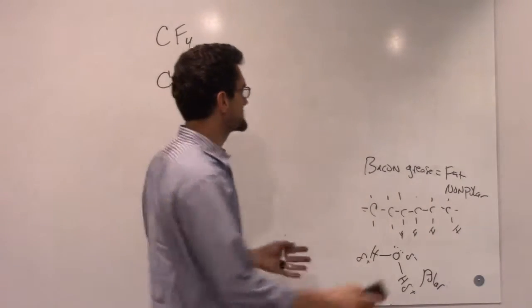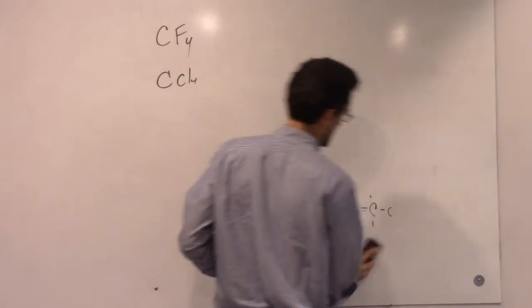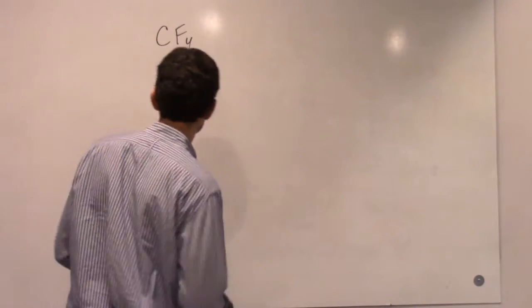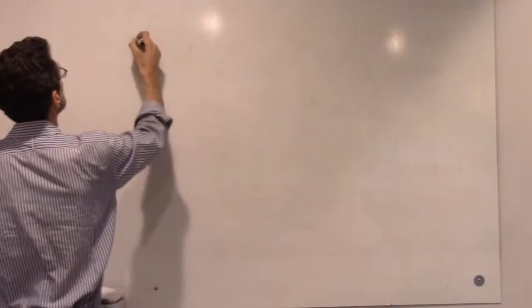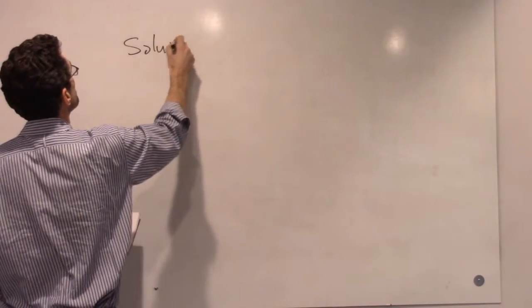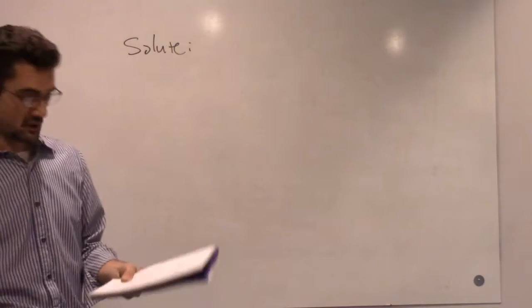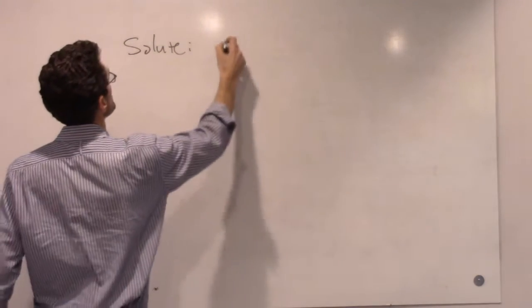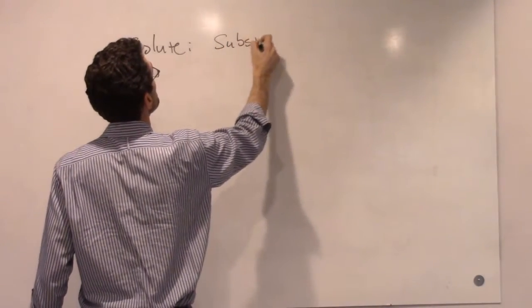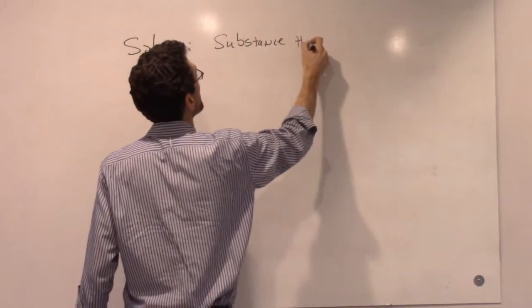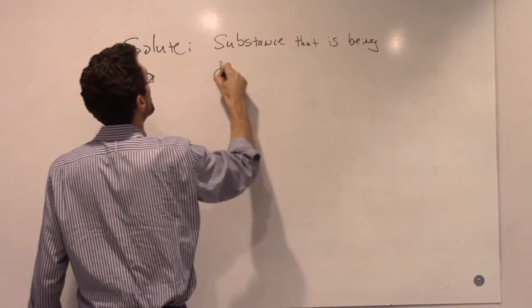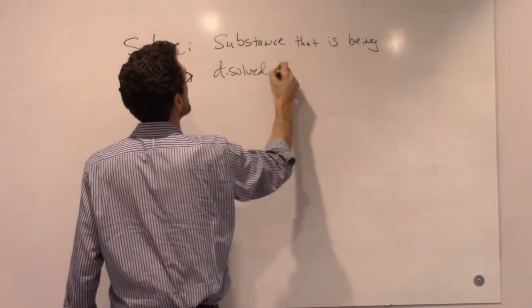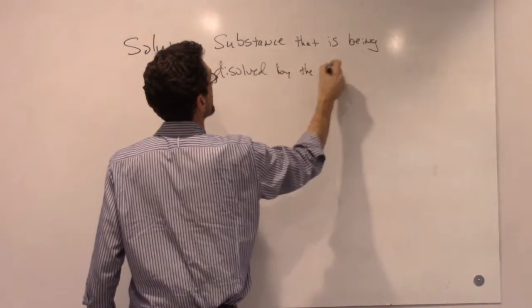All right, so I mentioned a couple of things that we need to talk about. I mentioned solvents, and I didn't mention solutes, but that's what we need to talk about. A solute is something that is being dissolved in a solvent. So it's a substance that is being dissolved by the solvent.